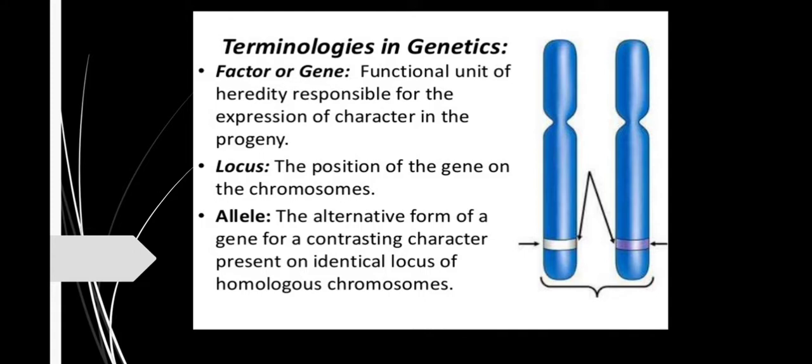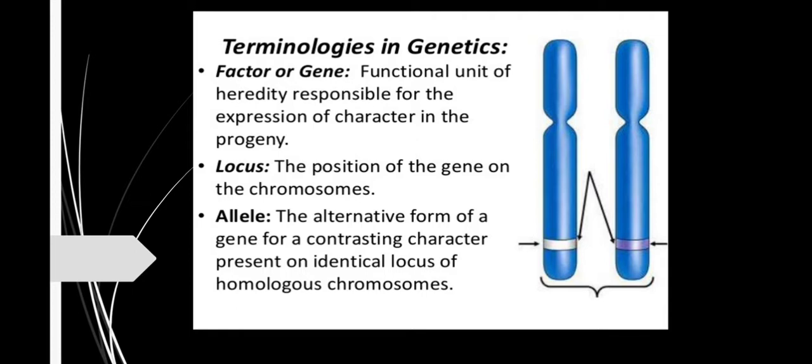And the traits for color of a flower are pink, white, violet. All these are the traits. So just like that, a character is coded by a gene, and the alternative forms of genes are called alleles. Is it clear? So alternative forms of character are called traits, and alternative forms of a gene are called alleles.